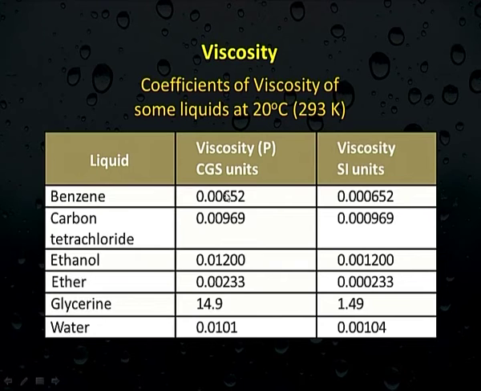So, benzene is very thin, we can say it will flow very easily as compared to water. Here we can see glycerin has a very high value, 14.9. So, that is why it does not flow well. We can see the values of viscosity for other liquids also.